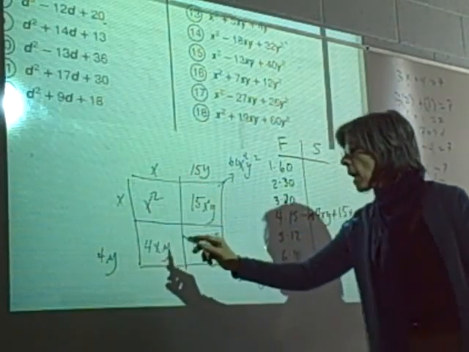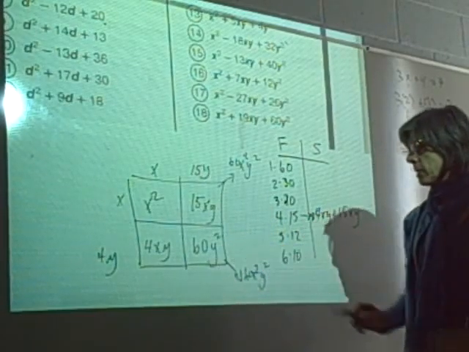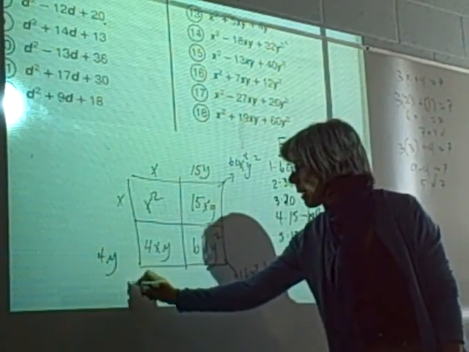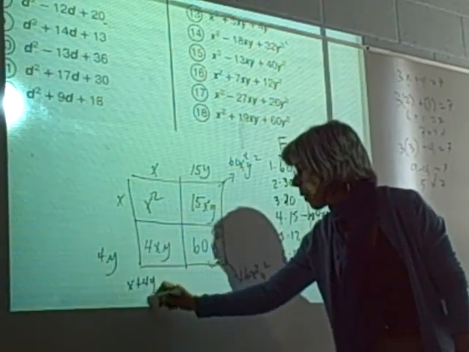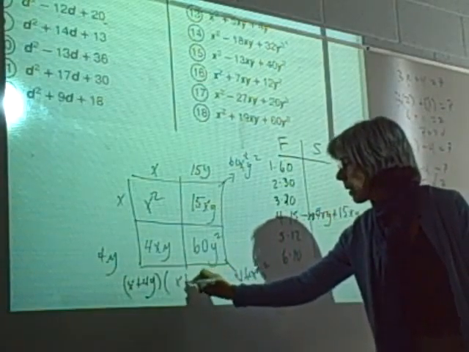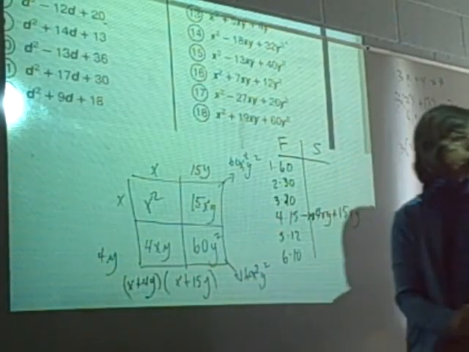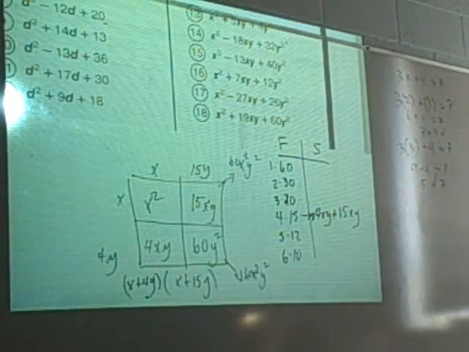And 4y times x, I'm good, and 4y times 15 will give me 60y squared. So my factors are x plus 4y and x plus 15y. Is that pretty simple? Are you okay with that? Because I'd like to introduce the negatives to you. All right.